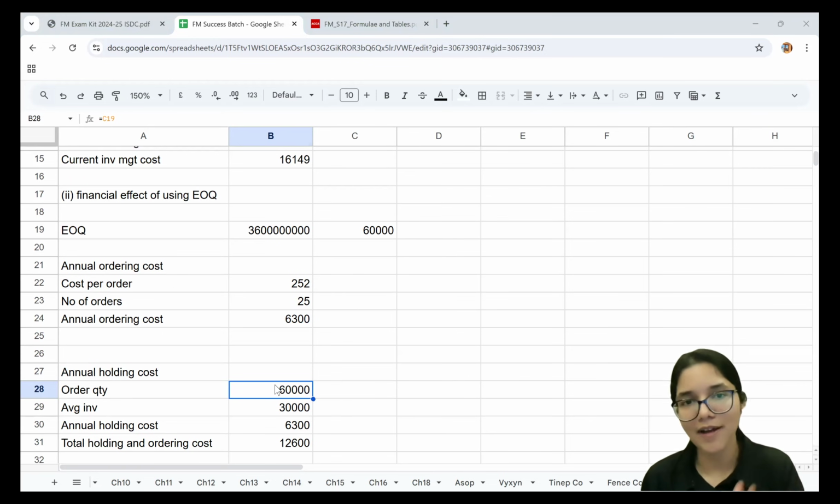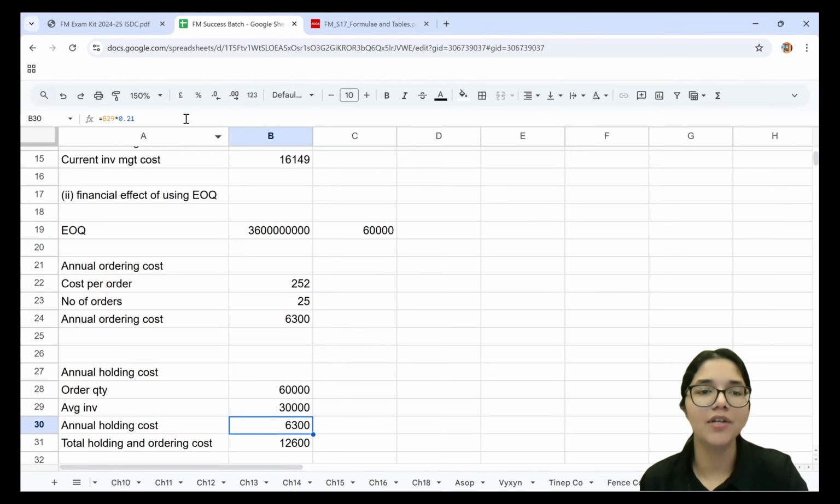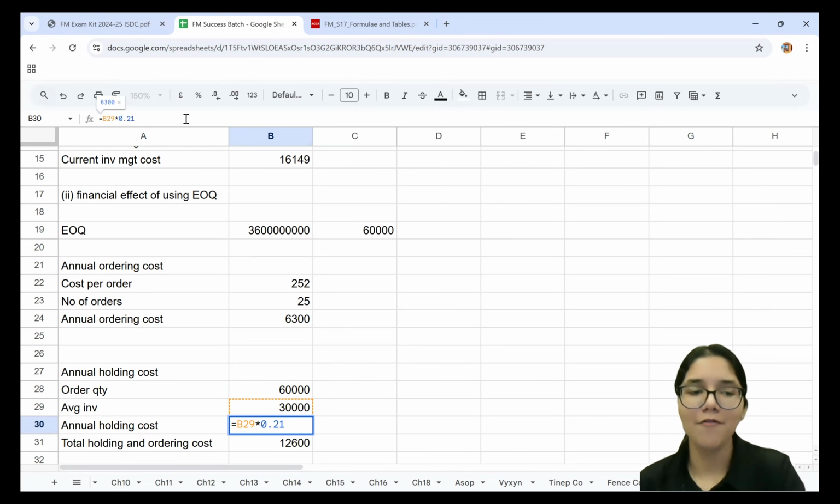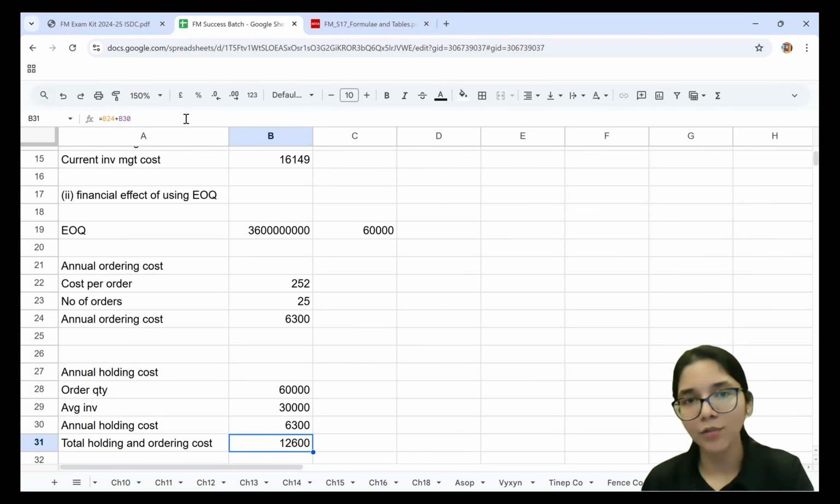So 60,000 divided by 2 gives me 30,000 units. This is the average inventory which will be there with me. And then I simply multiply the average inventory with the holding cost that is given to me per unit in the question. So this is how I find out the annual holding cost which the Dusty company will have to bear if they go ahead to implement the EOQ model.